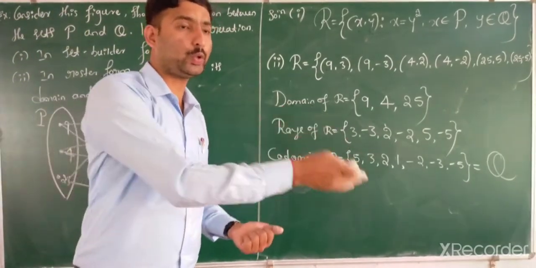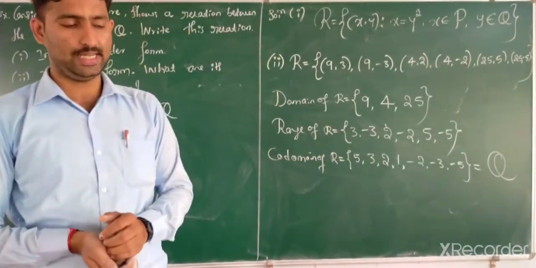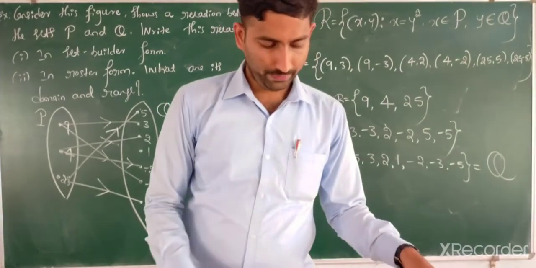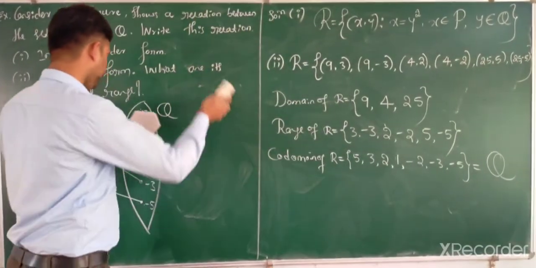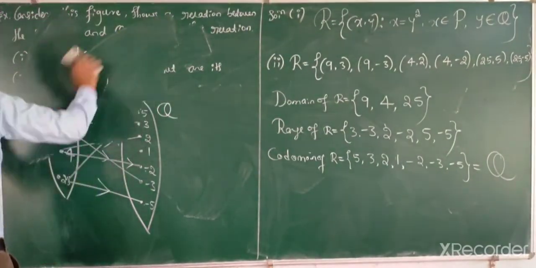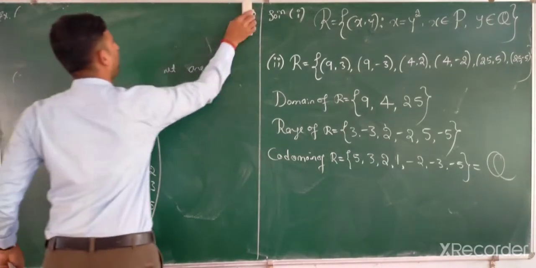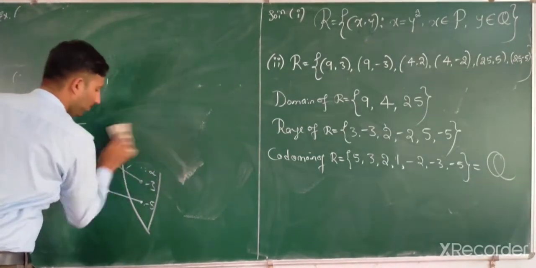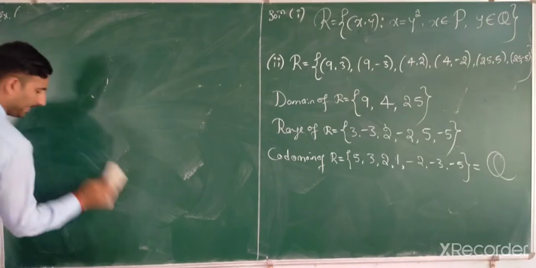Sometimes codomain is equal to range of the relation R. Then I will take one more example, very simple for the calculation.